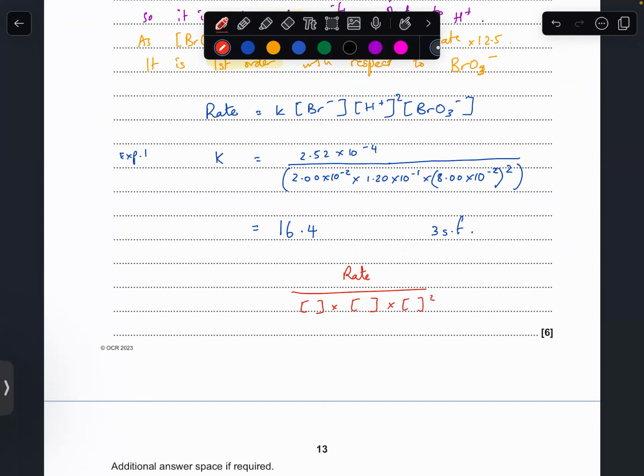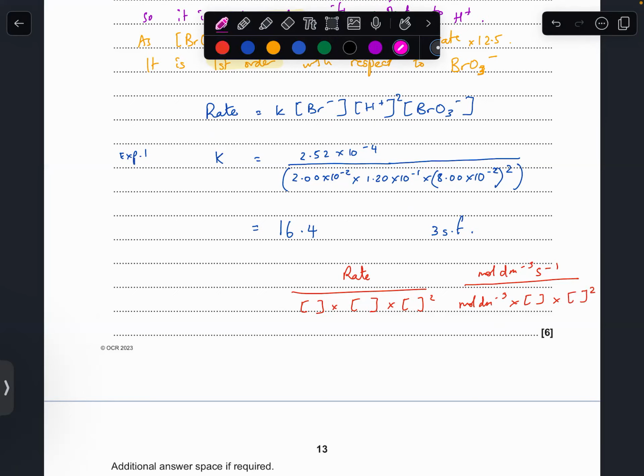So that is moles per decimeter cubed per second over moles per decimeter cubed times moles per decimeter cubed times moles per decimeter cubed squared.